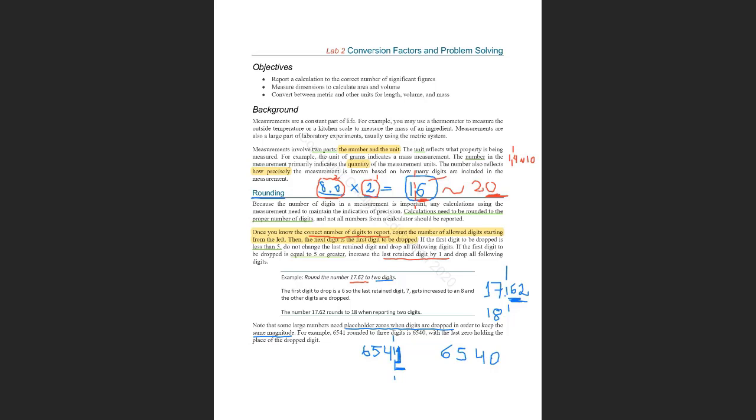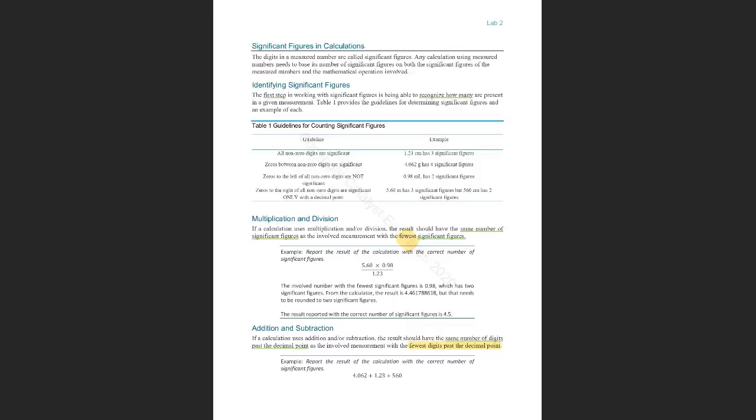And that will always happen before the decimal. If we have a number with no decimals, we need to keep the same magnitude. So this is about rounding. Let's see what else comes.